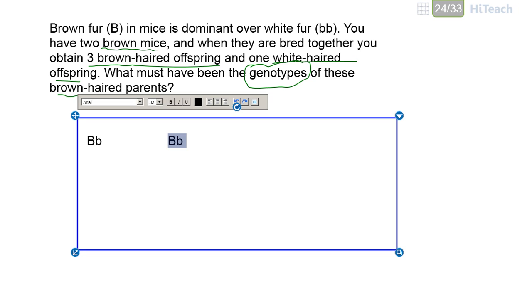Now, let's see how to do this. The first allele from the first parent is B, the second allele is small b. The first allele from the second parent is B, and the second allele is small b.